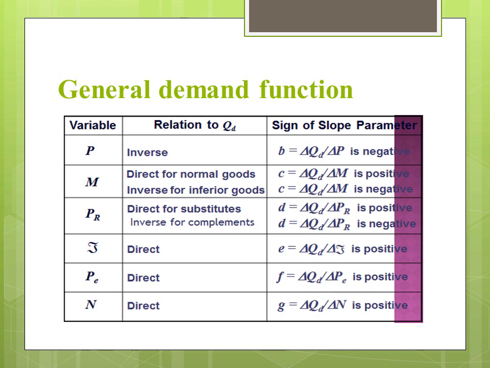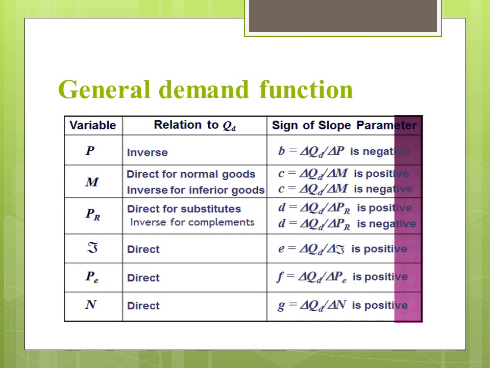The prices of future expected goods and quantity demanded are also directly related, because both move in the same way, they may increase or decrease. So here change in quantity demanded over change in price is positive, so the slope of the parameter is positive.